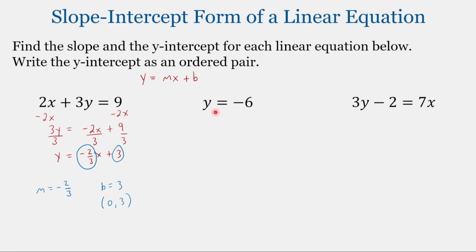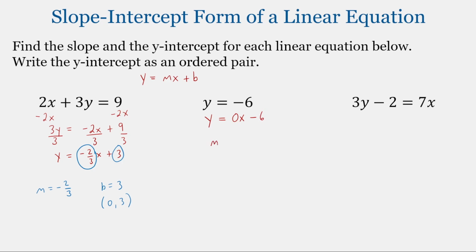Next, we have y equal to negative 6. So again, this is y equal to, well, we have no x variable. So therefore, we have 0 times x minus 6. If we don't have a variable, we can write it with a coefficient of 0. That'll make that term disappear, giving us y equal to negative 6 as the equation.